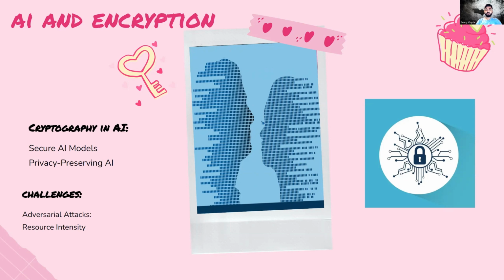Secure AI models help to safeguard machine learning models, especially in decentralized learning environments. This also helps in privacy preserving, where AI enables model training on sensitive data sets without compromising data privacy. But again, these technological advancements come with challenges and complexity. For AI, we are about to see some of the challenges.